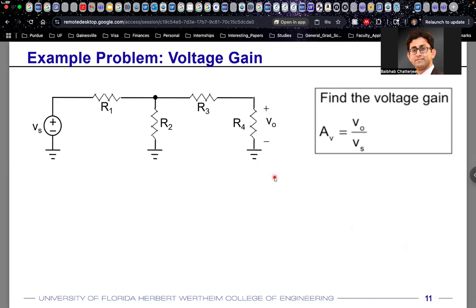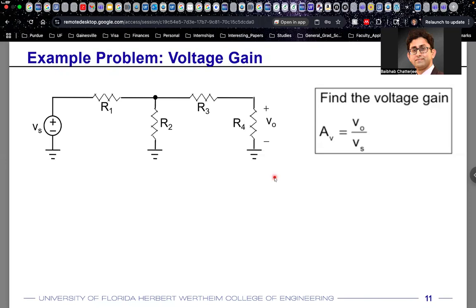All right, the problem that you're seeing on the Zoom screen right now is this: you have a voltage here. Let's call it Vs for V source. Then you have a resistance here, R1. You have R2 over here. You have R3, and you have R4. The voltage across R4, this voltage, is your output voltage that you have defined in this circuit.